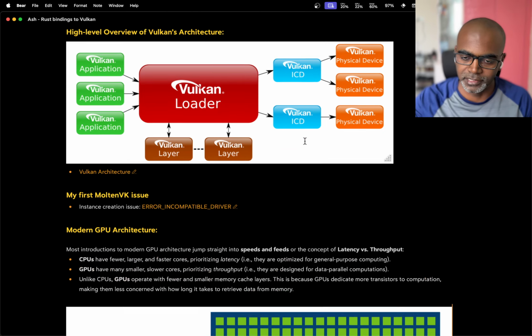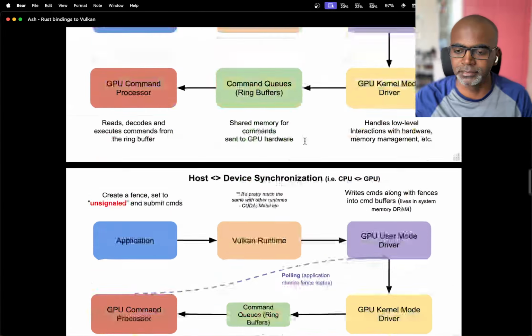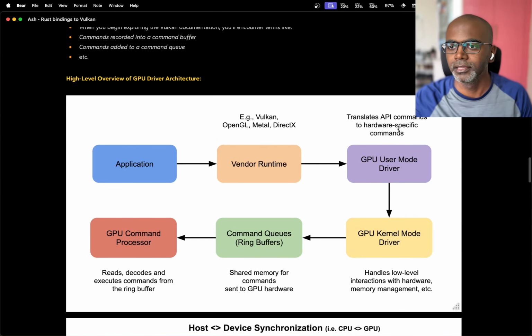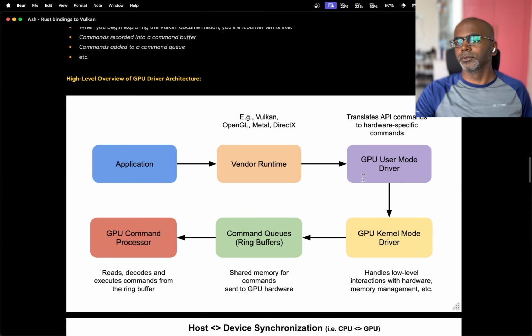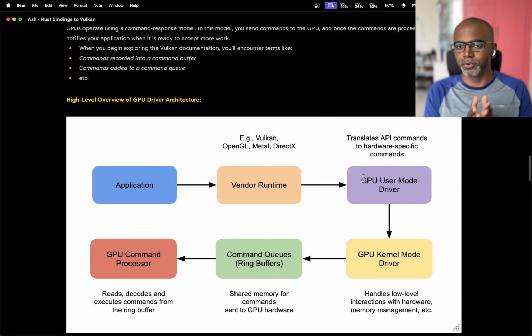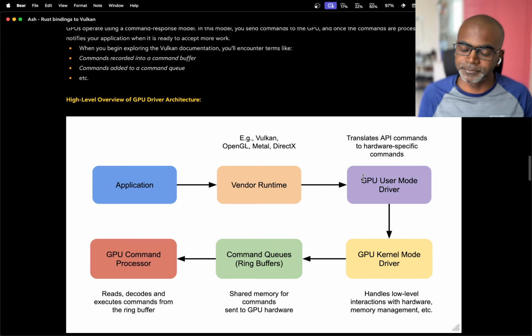In this case, that's the user space component that you see over here. This is what's going to take the commands that you've constructed and translate them into the GPU specific commands, in whatever format they need to be in.